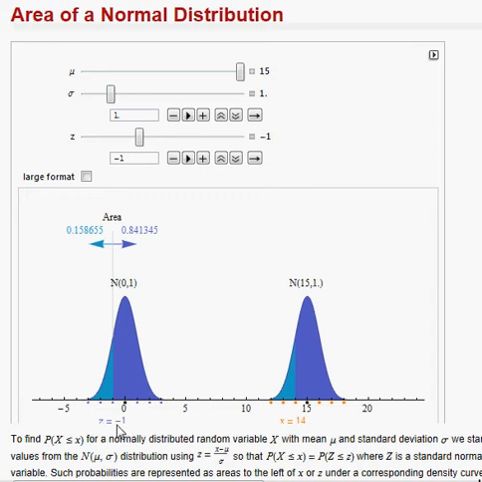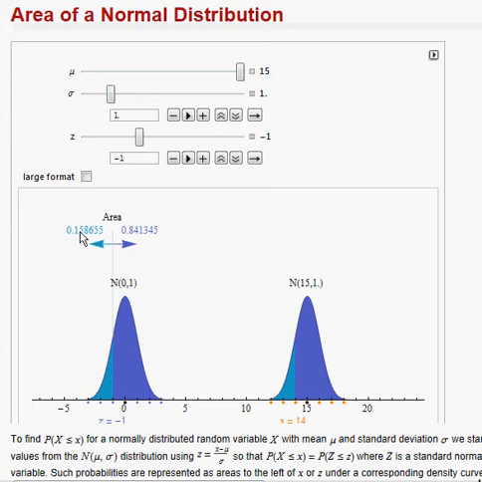The way these two curves are structured is that this light blue area on the left hand side is exactly equal to the light blue area on the right hand side. So an interesting question in these kinds of problems is, for z equals -1, what is the area under the curve to the left of z equals -1?